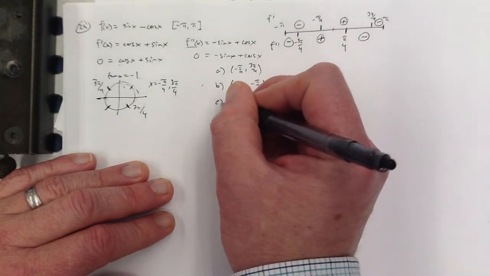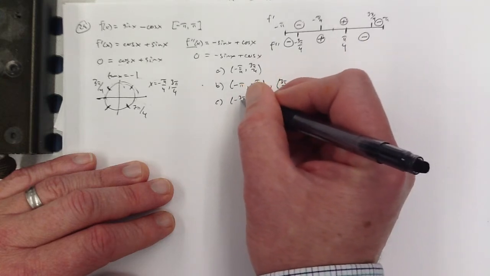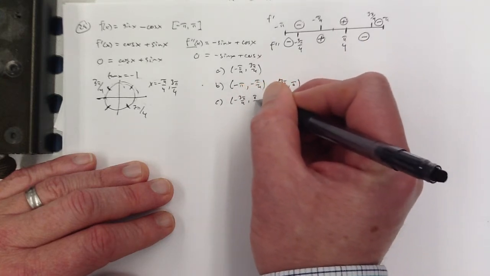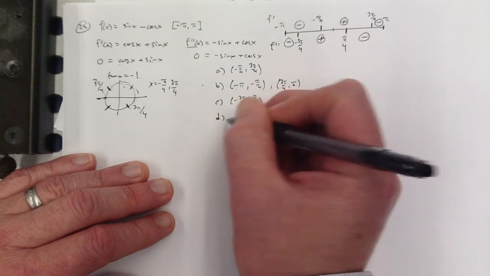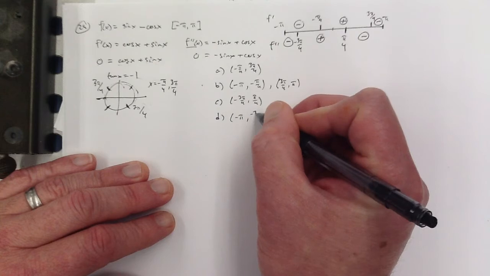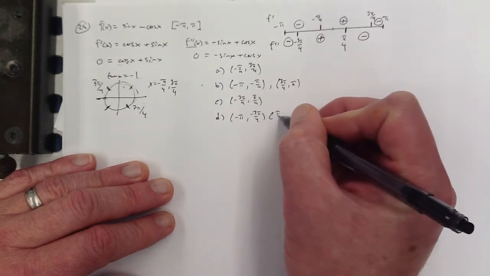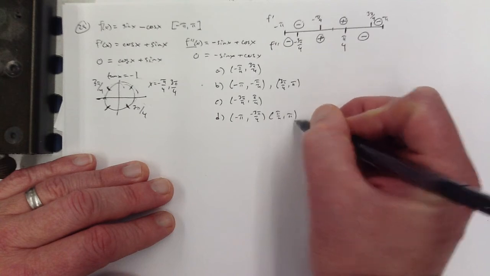Where is it concave up? From negative 3 pi over 4 to pi over 4. Where is it concave down? From negative pi to negative 3 pi over 4, and from pi over 4 to pi.